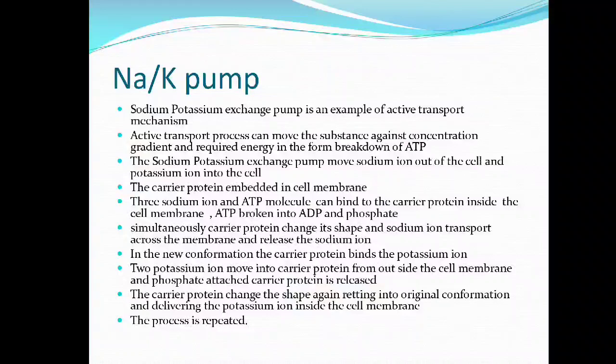And of course, the carrier protein changes shape again, returning to its original conformation and delivering the potassium ions inside the cell membrane. Okay, this process is repeated again and again. So this is what is the sodium potassium pump.